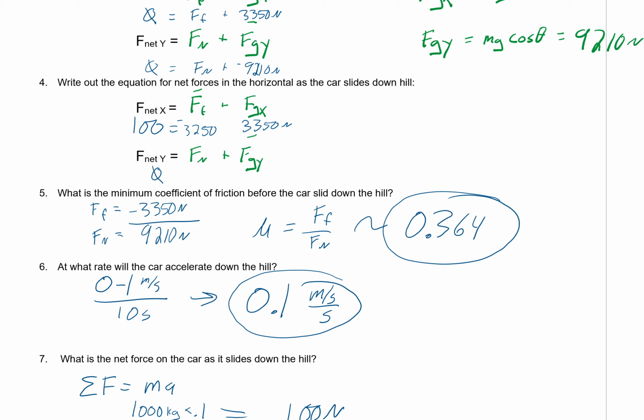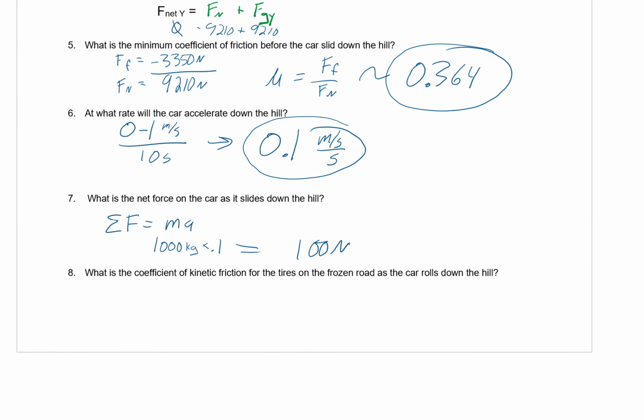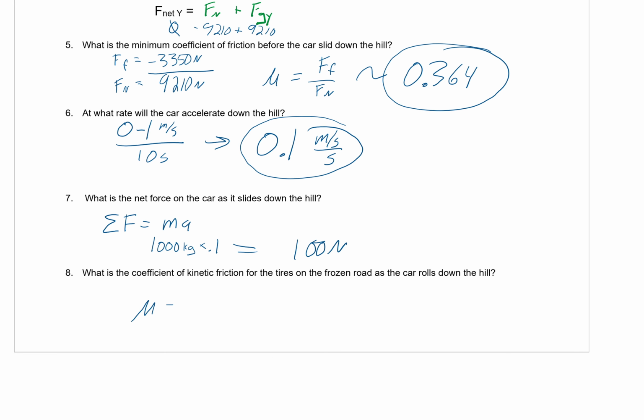Vertically, nothing has changed. It'll be 9,210, 9,210. Boom, this one's negative. But because we have a net force now, friction can be less. And that coefficient of friction will just be, again, coefficient is your force of friction over normal.